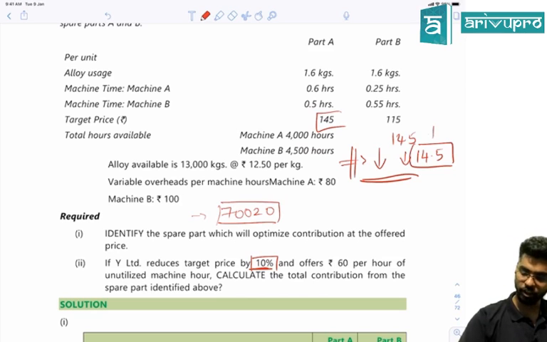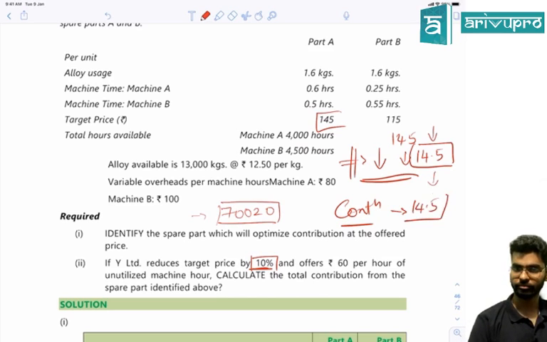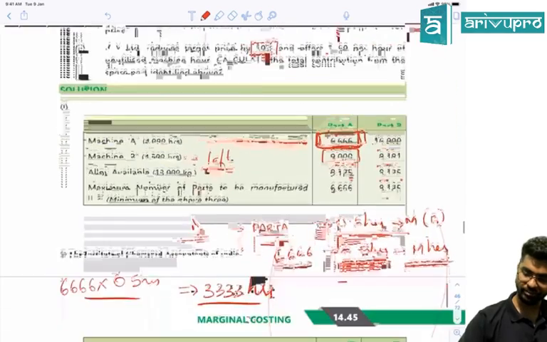Can I say my contribution will also reduce by 14.5? Yes. Now, see, your original contribution was 127.